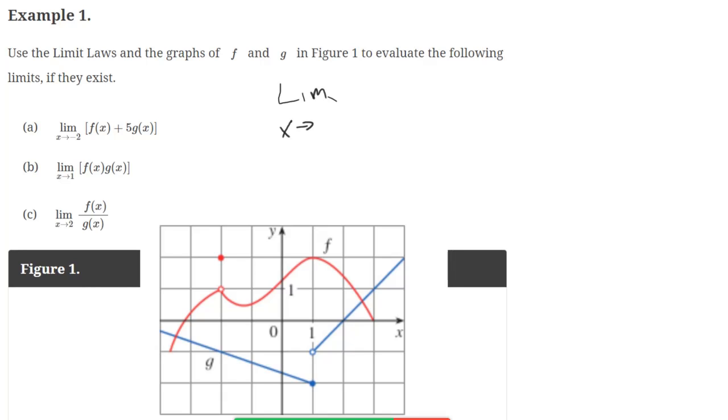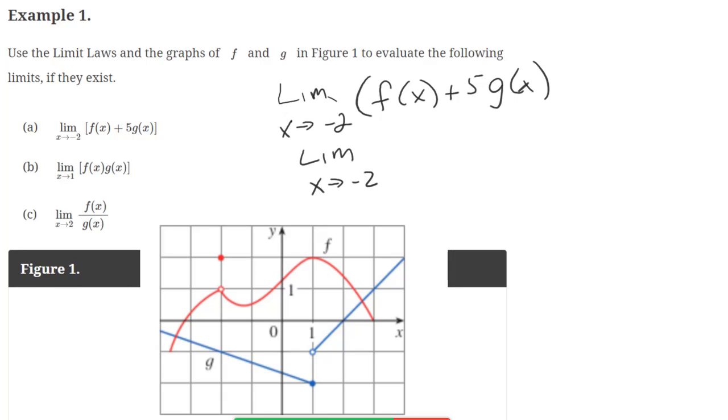All right, so the first one, we're looking at the limit as x goes to negative 2 of f of x plus 5 g of x. So in essence, that means we're looking at the limit as x goes to negative 2 of f of x, and then 5 times the limit as x goes to negative 2 of g of x. So we can split it up and pull that number out.